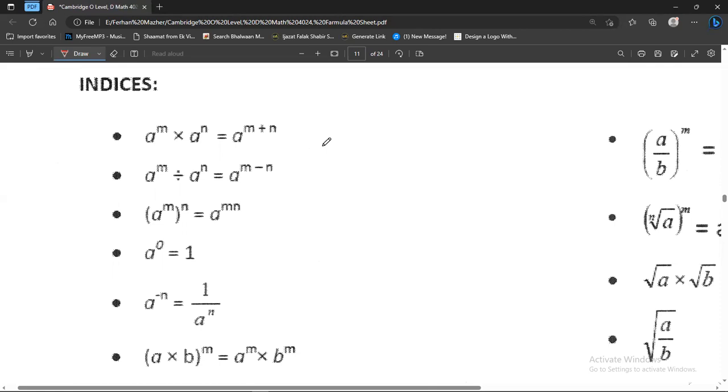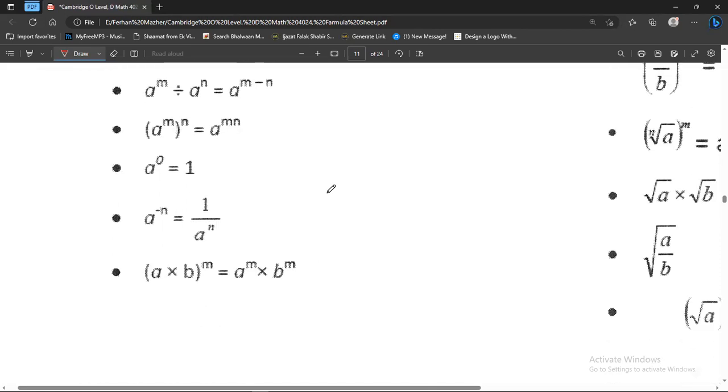If any number has a power 0, the whole thing will be equal to 1. If a number has a negative power, you can write it as 1 over a to the n. For example, a raised to the power minus n is equal to 1 divided by a raised to the power n. And a times b raised to the power m, the power applies to both of them, so it will be a^m times b^m.